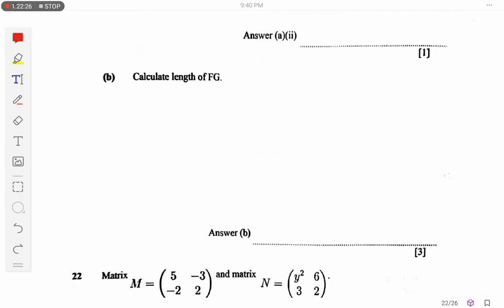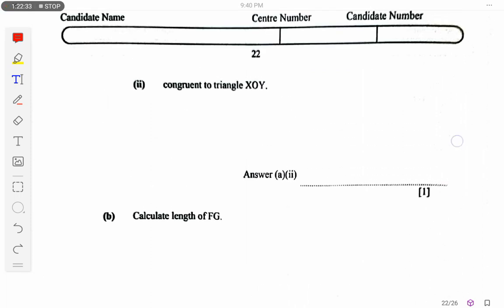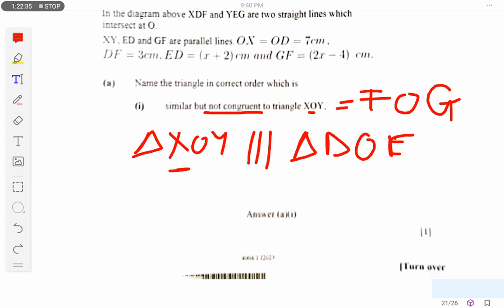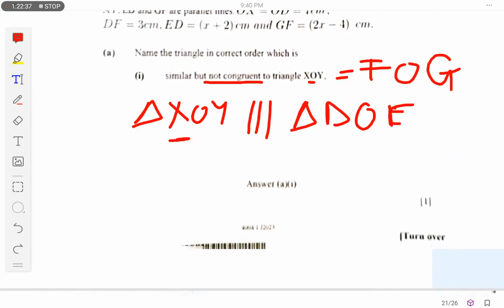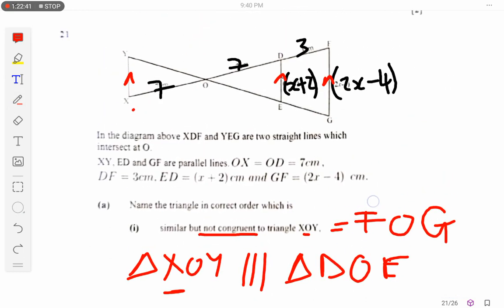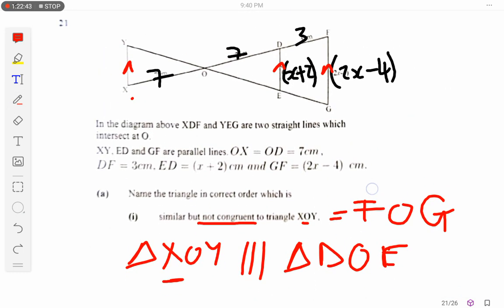Calculate the length of FG. Okay, length of FG. I can use the same principle there of this triangle of congruence. Let's see. Since they are congruent, OX over, okay, now I'm going to use the one that is not congruent, because we have known sides here and known sides there, and we are looking for this bigger side, which is FG.